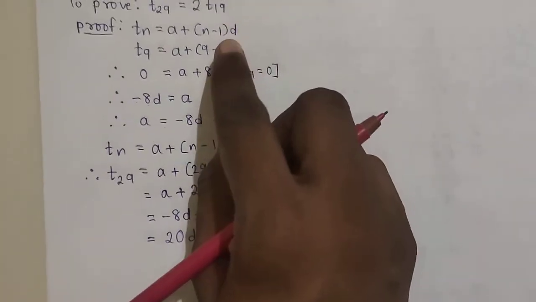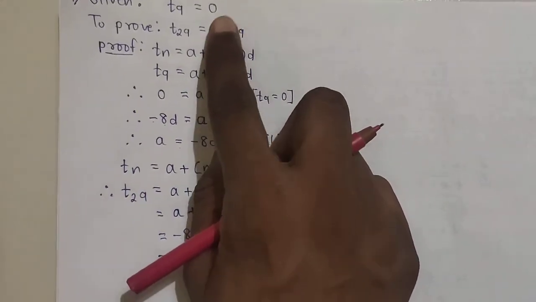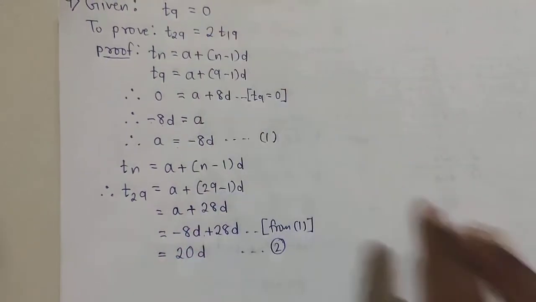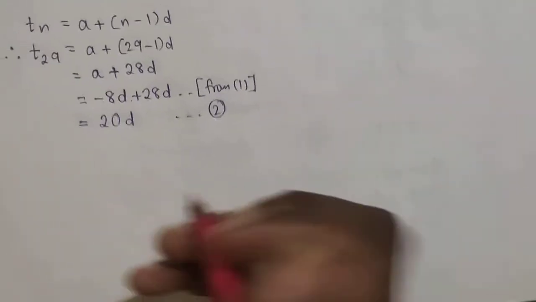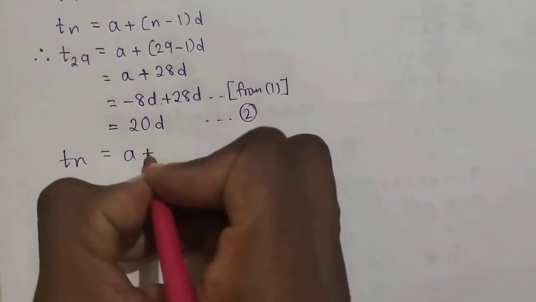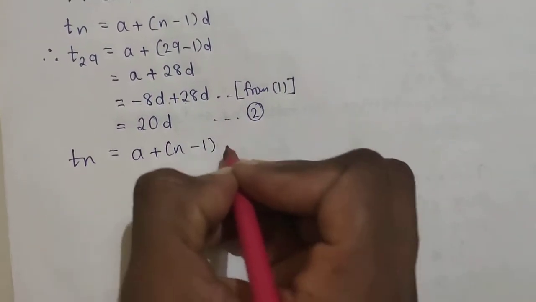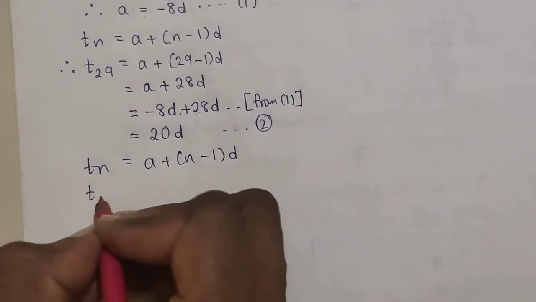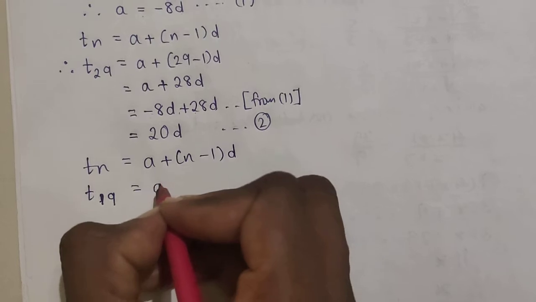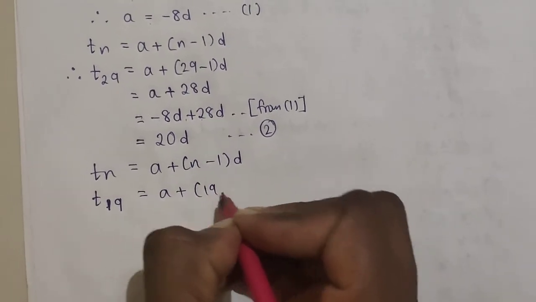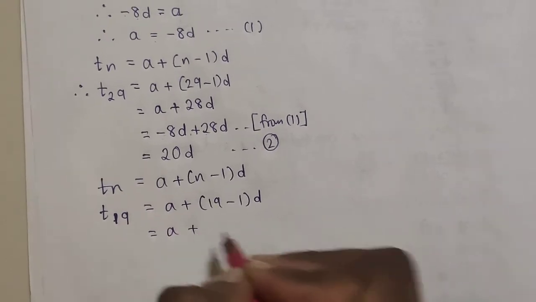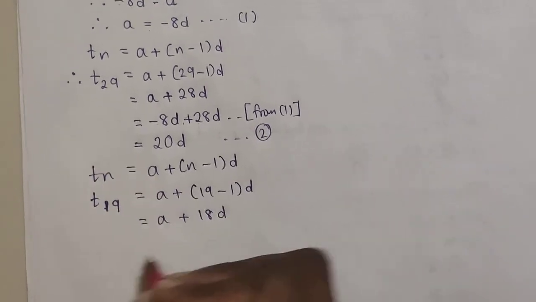Now last step is what? We are going to replace n by 19, and after that we will do twice of that. So let us do that first. Again we are using the same formula, Tn is equal to a plus n minus 1 into d. Now we are going to replace this n by 19. So this becomes a plus 19 minus 1 into d, and you know 19 minus 1 gives you 18.